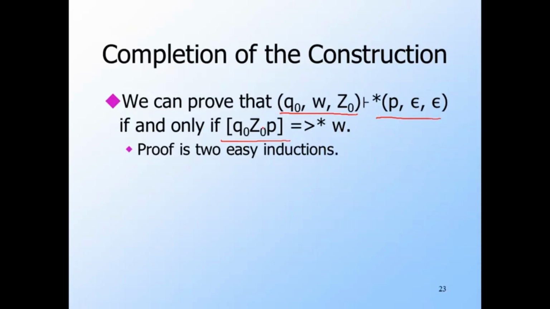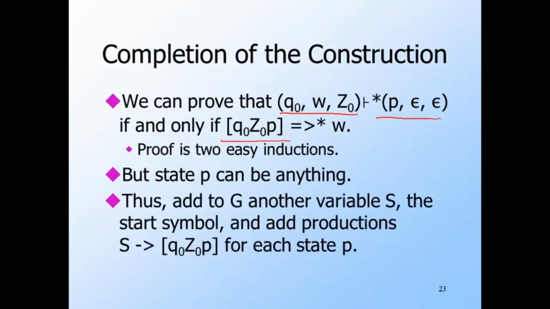It is 2 easy inductions, one for each direction. The only problem is that we don't know state P. But remember, G has another variable S, and that is the start symbol. So we add production S goes to Q0 Z0 P for every state P. And now we have a grammar that generates exactly the strings that the PDA P accepts.